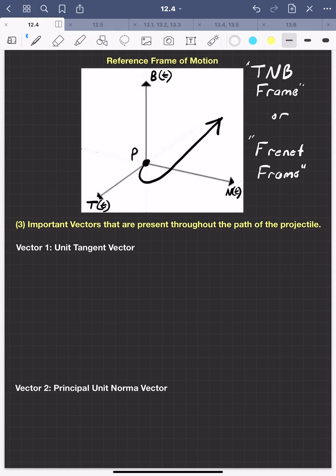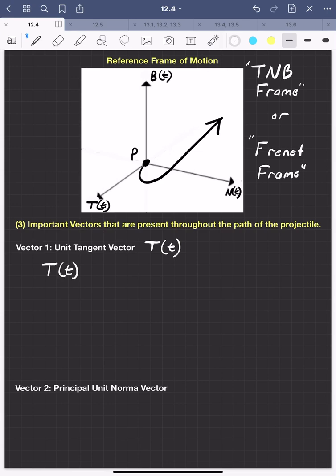So the first vector that is important to us is what we call the unit tangent vector. And I want to tell you how we're going to denote this vector. We use a capital T, so T of t. Let's define it, and then I will give you some properties of it.